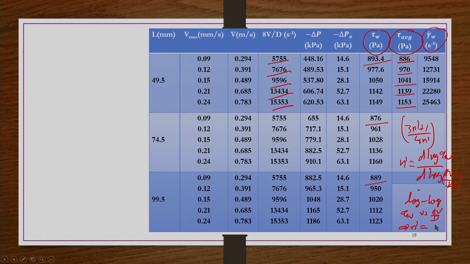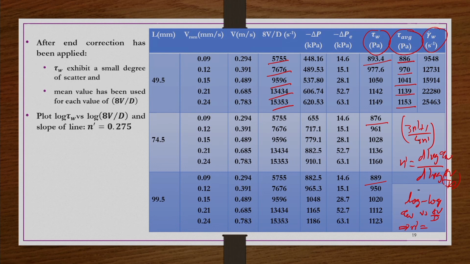That n prime is nothing but 0.275. That means the material is highly shear thinning. The 4% CMC in water solution you got is highly shear thinning because its n prime value is very small, 0.275.